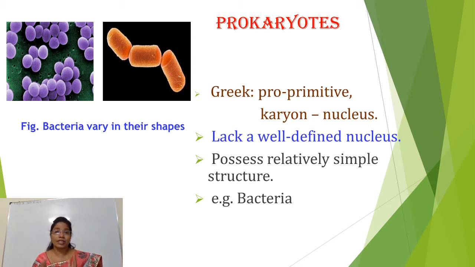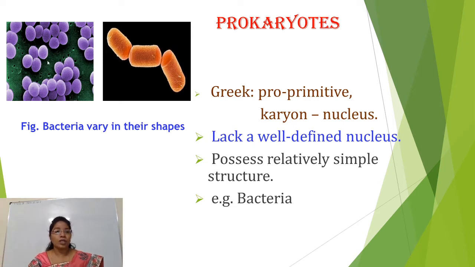Such an organized nucleus is called a true nucleus, and the nucleus in which these organelles, nucleoplasm and nucleolus are absent is called a primitive type of nucleus. So the prokaryotes contain a primitive type of nucleus, that is, they lack a well defined nucleus.